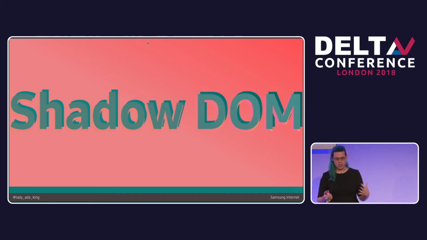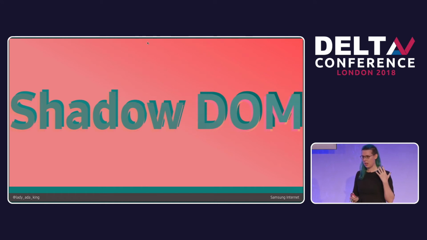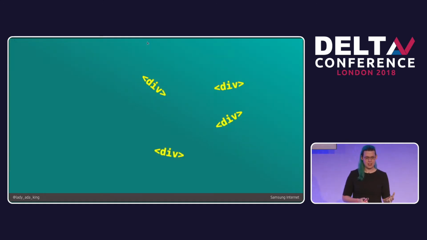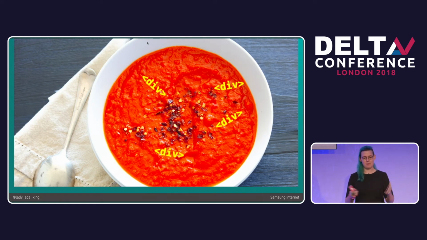So if you write code which looks like complete div soup, with divs and spans everywhere, none of it semantic, and it's all pretty gross looking, you can put it inside the shadow DOM. You can put script tags and any kind of stuff in the shadow DOM, and it all gets encapsulated and doesn't break out and affect the rest of the document. It gets rid of div soup.